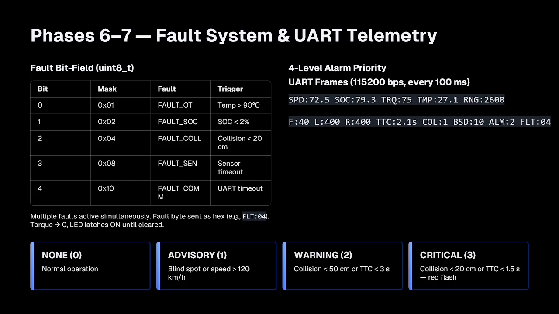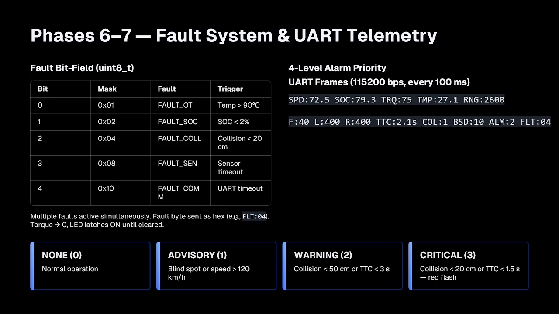Next, in phases 6 to 7, the fault system and UART telemetry. A single 8-bit fault register stores multiple fault conditions simultaneously. Bit 0 is used for over temperature fault. If the temperature of the motor increases above 90 degrees Celsius, this fault is flagged.